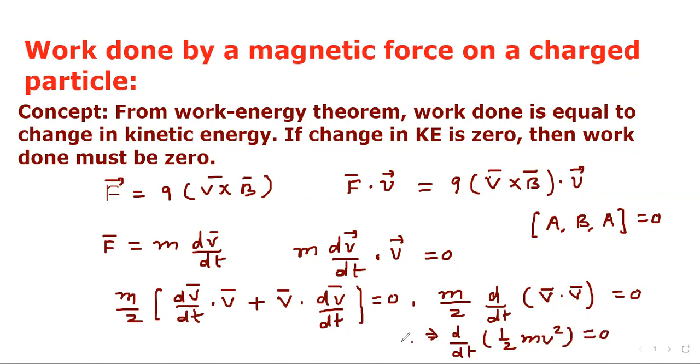So further we write d upon dt of kinetic energy, just write as K, equal to 0, which implies K is constant. Here, due to magnetic force, kinetic energy is not changing. It means work done must be 0.